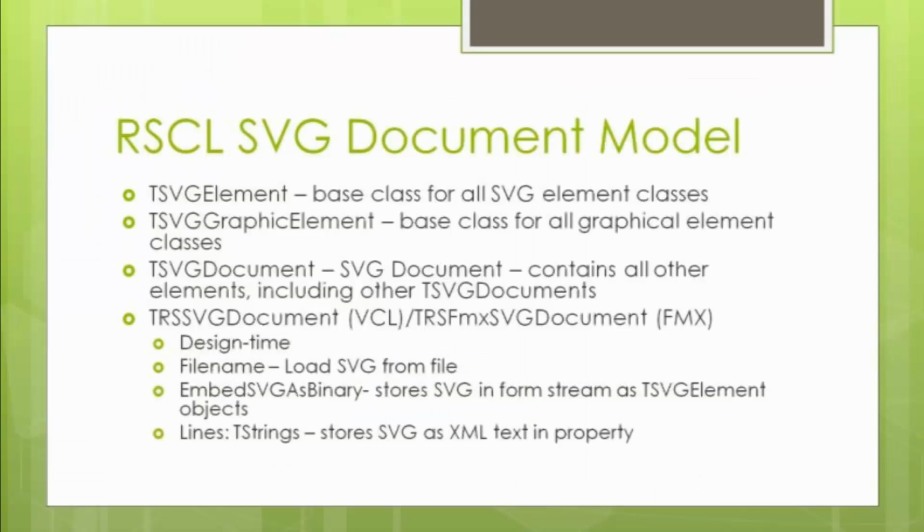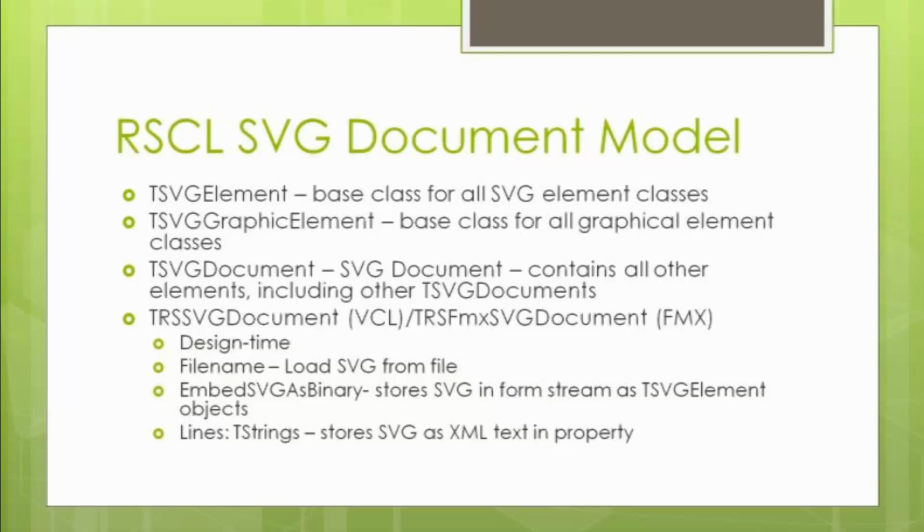I want to talk briefly about the RSCL SVG document model. This document model, these classes, closely parallel the SVG document model. There's the SVG element, which is the base class for all SVG elements in the library.